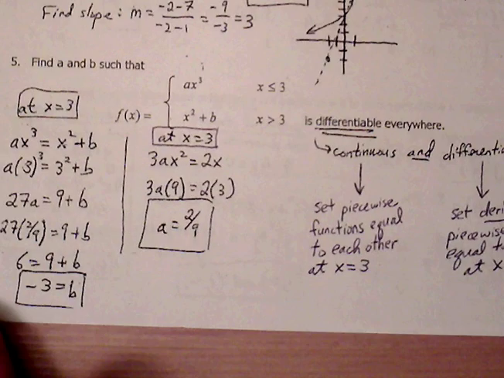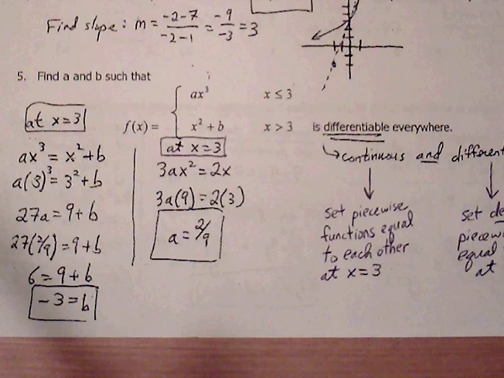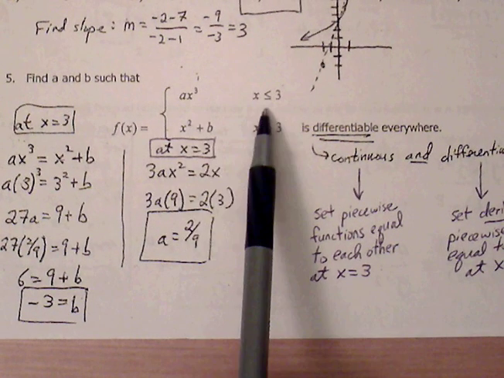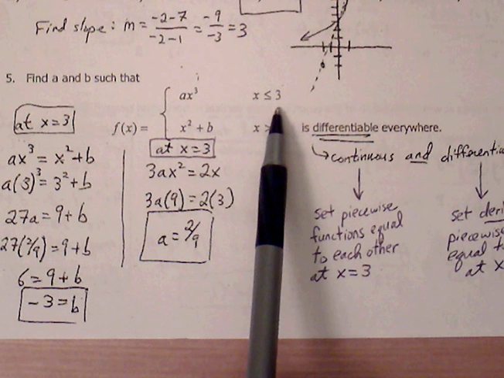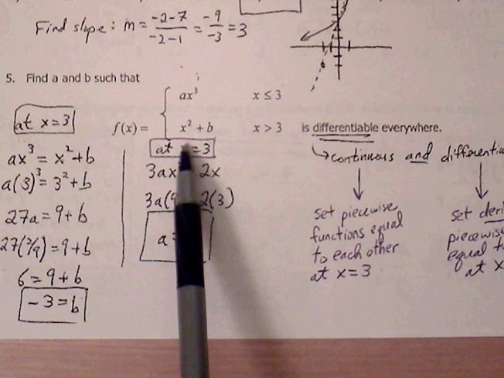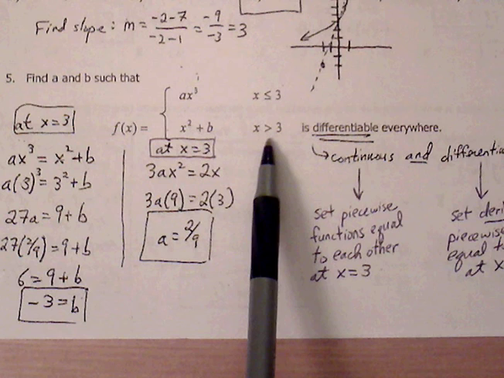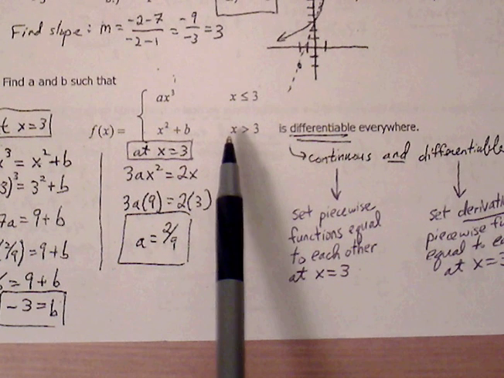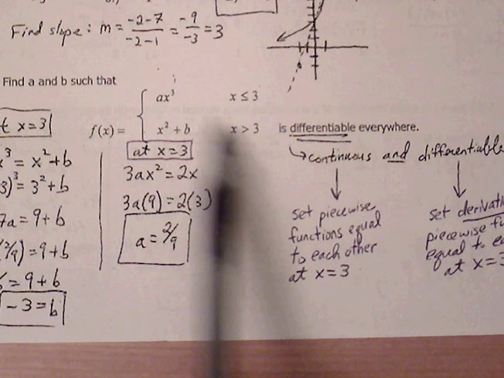All right, number 5. Find a and b such that ax cubed exists for x to the left of 3, and x squared plus b exists for the portion where x is greater than 3. And we know that this piecewise function is differentiable everywhere.